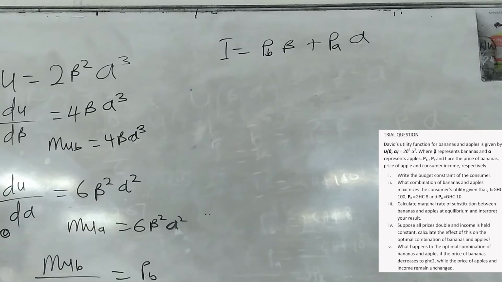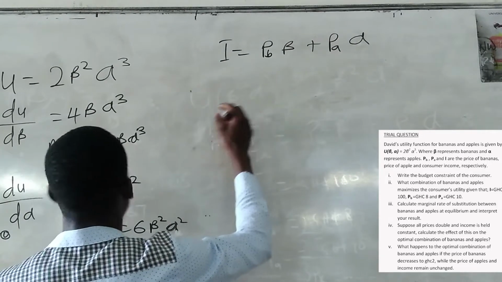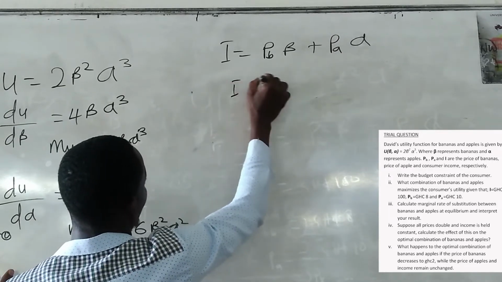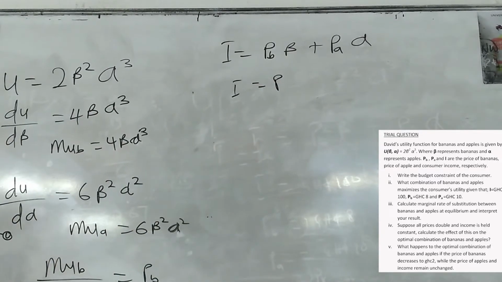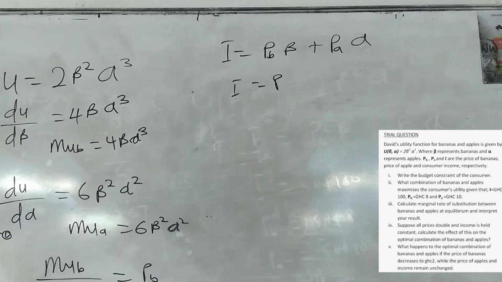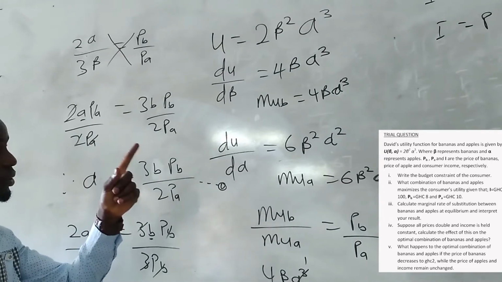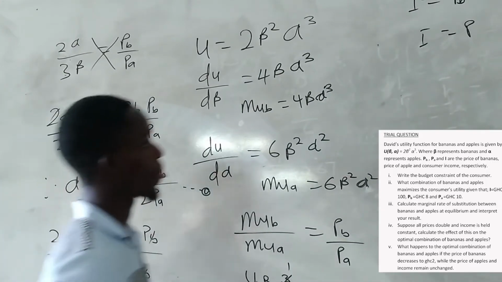This will cancel. And now I have my beta equals 2 alpha price of alpha all over 3 price of beta as my equation 2. Now I go back to my budget constraint to substitute these two equations to get the demand function.